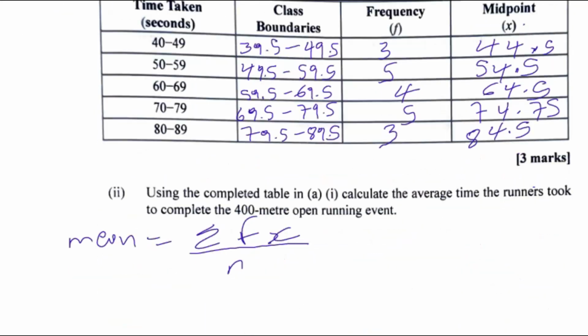Alright, if you didn't get n, of course you could add all the frequencies. And if you add all the frequencies, you should get 20. So the denominator there should be 20, the number of runners, alright? And then for each row, we multiply the f times x and total it. So the first row, f is 3, so it's 3 times x, the midpoint, that's 44.5.